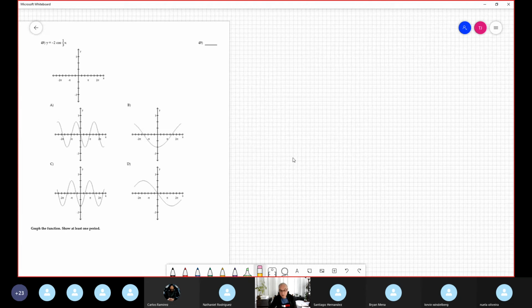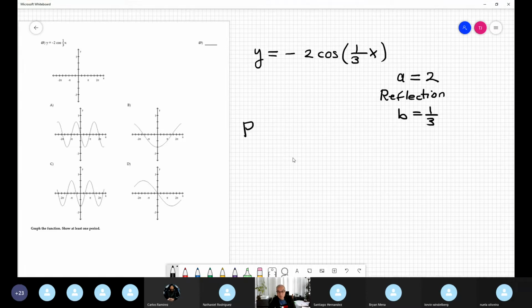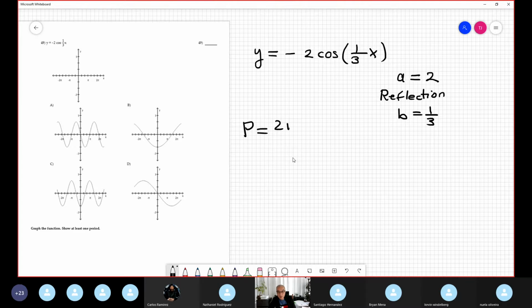Okay, it's y equals negative 2 cosine 1/3 x. Ooh, look at that. A is 2. Amplitude. We have a reflection because it's negative. B is 1/3. Therefore, the period is 2 pi over b.